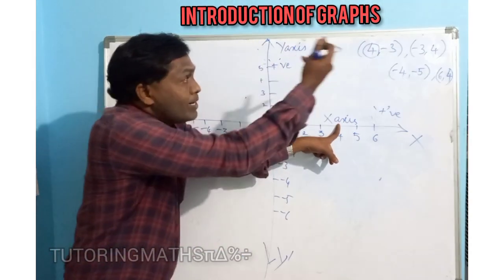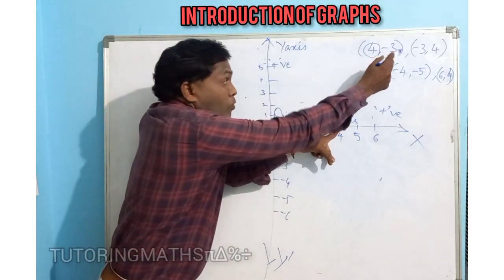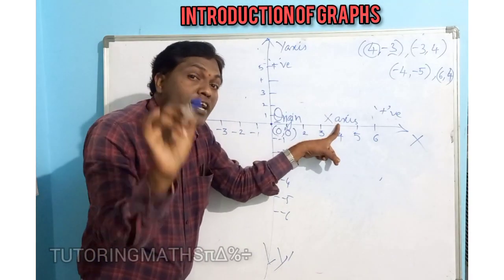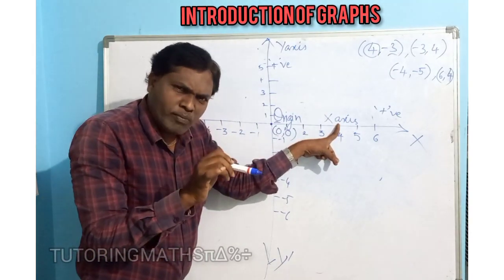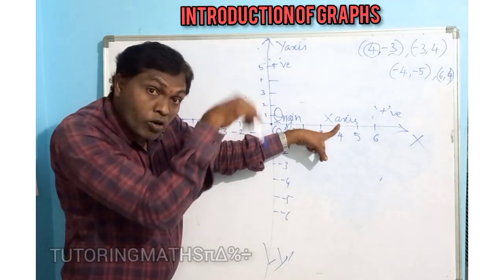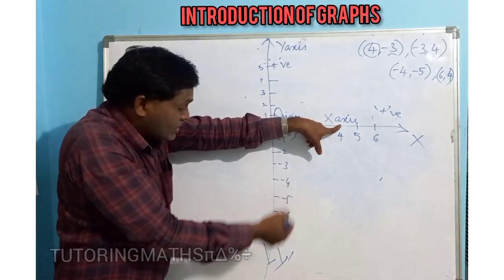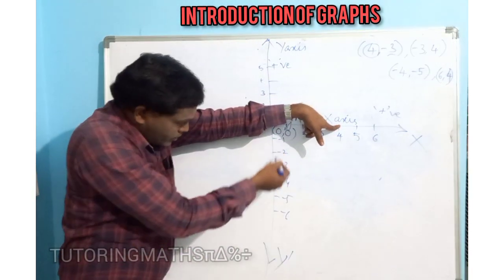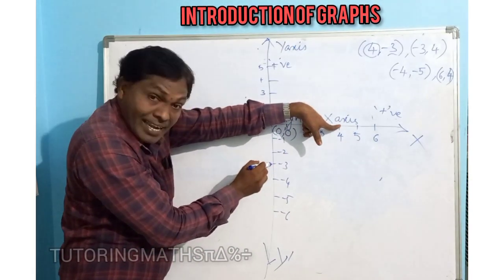Coming to the second value, what is it? Minus 3. It is the y coordinate. Is it negative or positive? Minus, it's negative, so the y coordinate is negative. This is the y axis. Where do we get negative values? Downward. And here is minus 3.